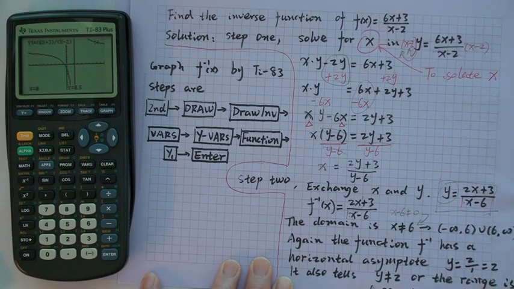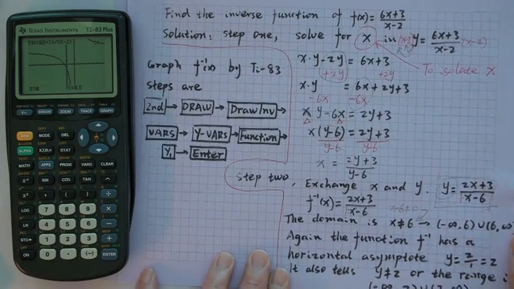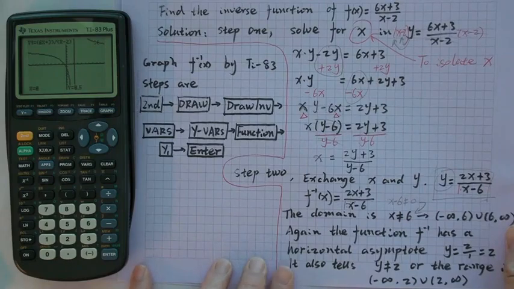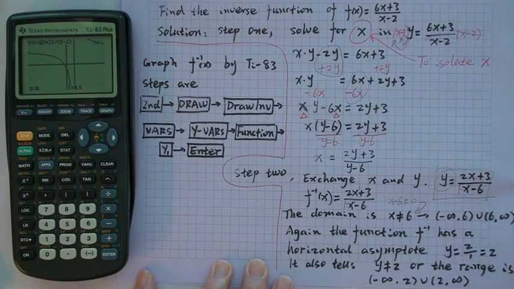So y can never be 2, and the range using the interval representation would be negative infinity to 2, and then 2 to positive infinity.